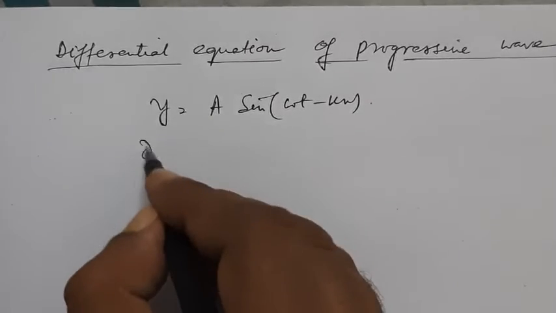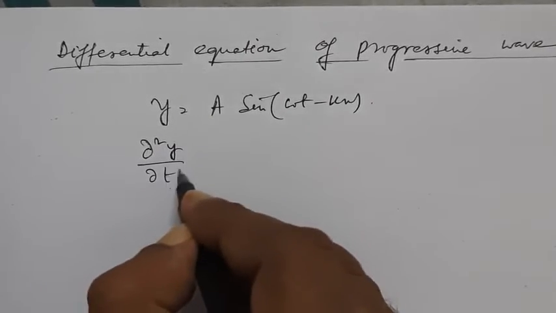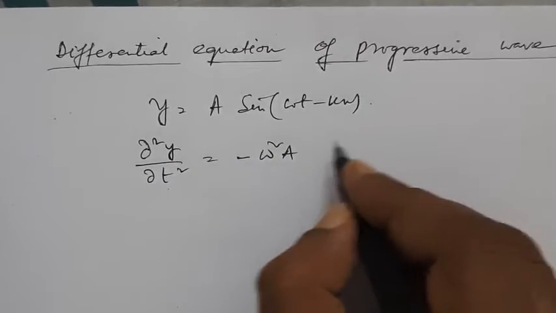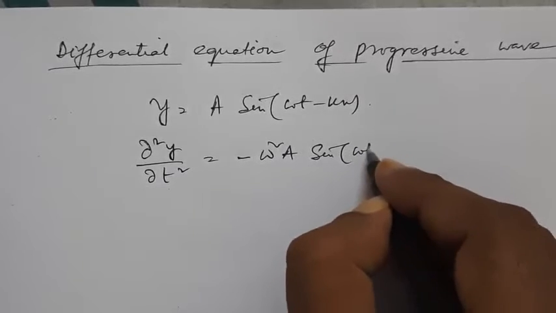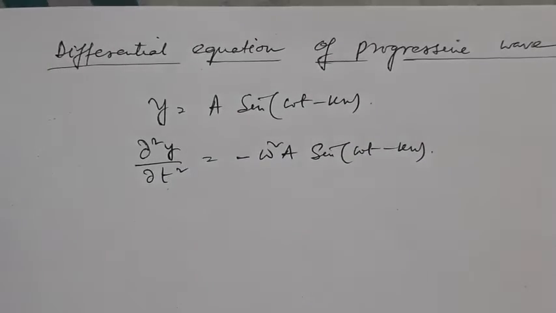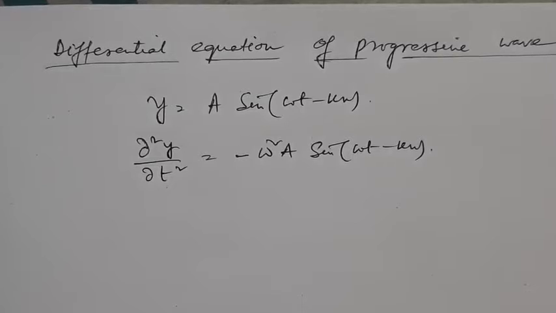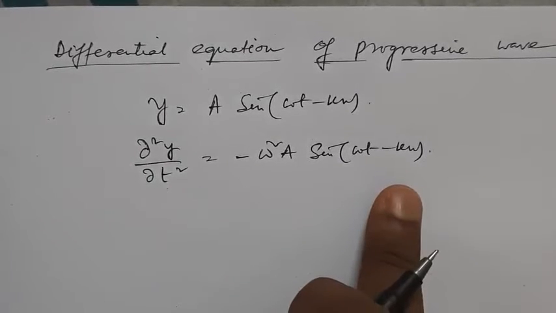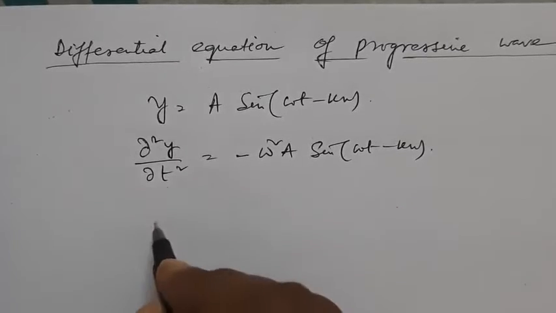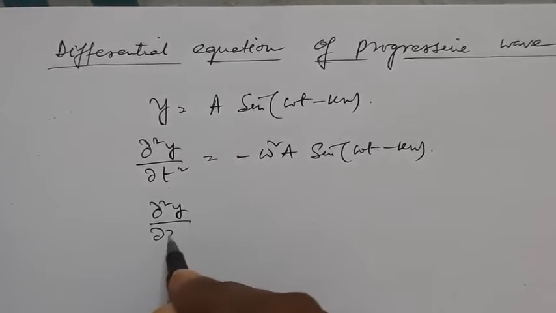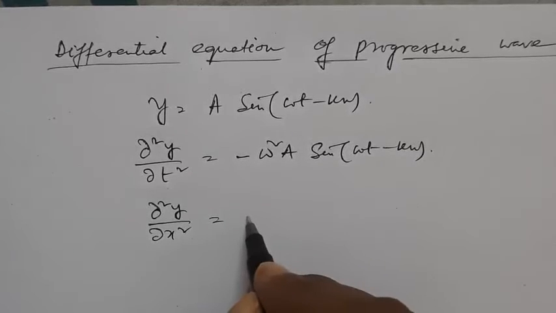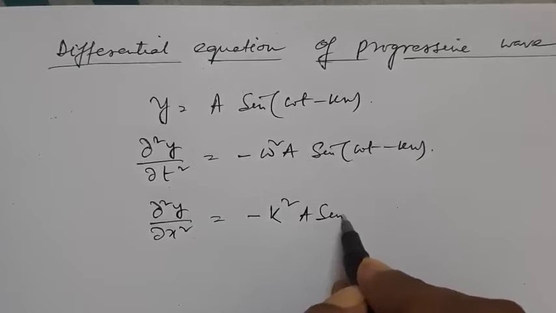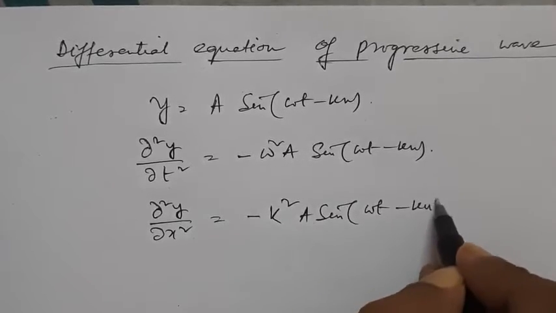Already we have derived that del square y by del t square was minus omega square a sine of omega t minus kx. So the double partial derivative del square y by del t square was in this form. Again del square y by del x square we can write as minus k square a sine of omega t minus kx.